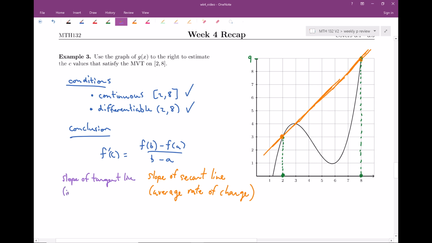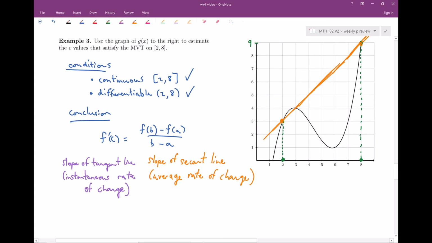That is the instantaneous rate of change. And moreover, that c value should be in your interval. So our interval is here from 2 to 8, so that c value should be inside this interval.